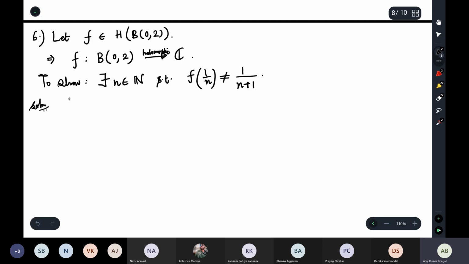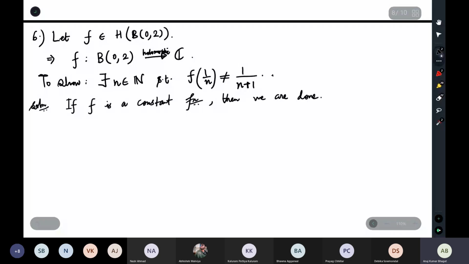If f is a constant function, then we are done. Do you agree why this is true? If f is a constant function, this line will be automatically proved.